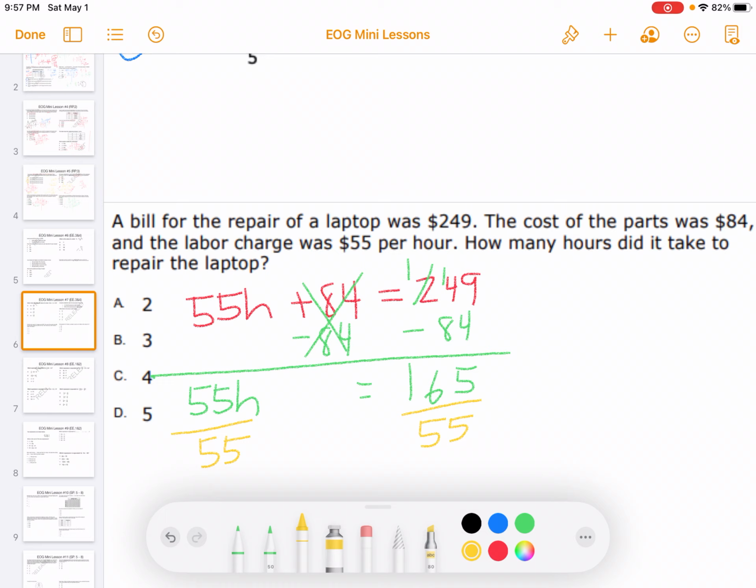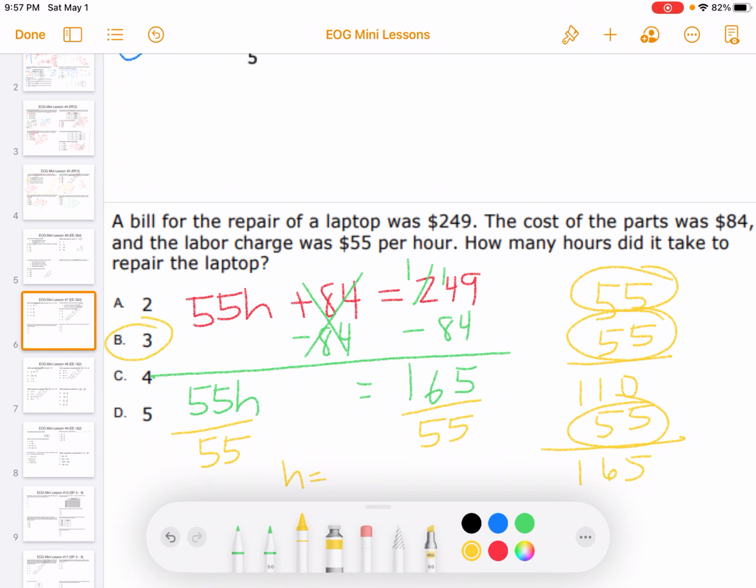So I'm going to do repeated addition just because I think that would be the faster way to do it. So I end up with 110 plus 55. It's going to give me 165. So that's 1 hour, 2 hours, 3 hours. So it took 3 hours.